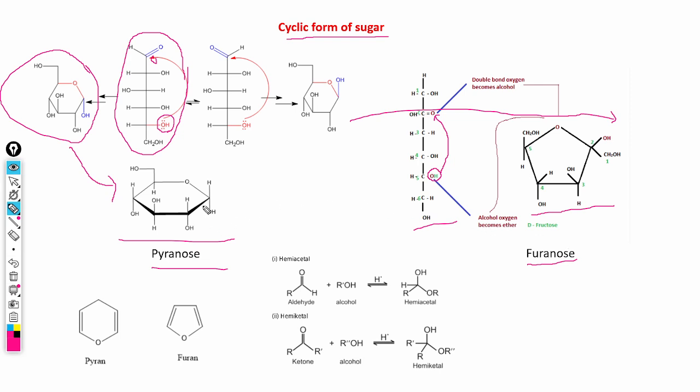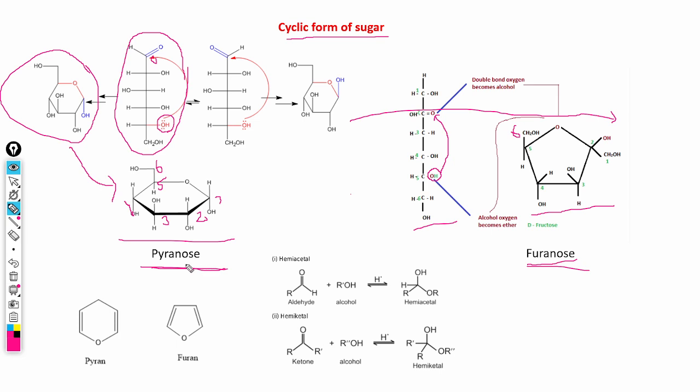In the pyranose, this is carbon 1, this is 2, 3, 4, 5, and this is the 6th carbon. And in the furanose, this is 1, 2, 3, 4, 5, and this is the 6th carbon. So the monosaccharide can exist in two different forms, either the 6-ring structure, called pyranose, or the 5-ring structure, called furanose.